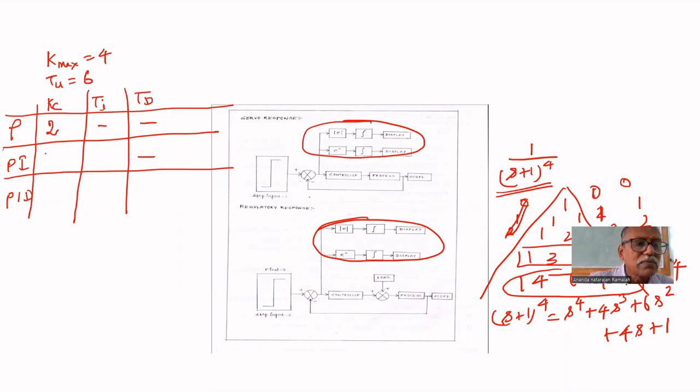Yes, 1.8. Then 0.6 times K max is 2.4. This is 6 divided by 1.5, which is 3. This is 6 by 8, how much? 7.5. So we got the tuning parameters.